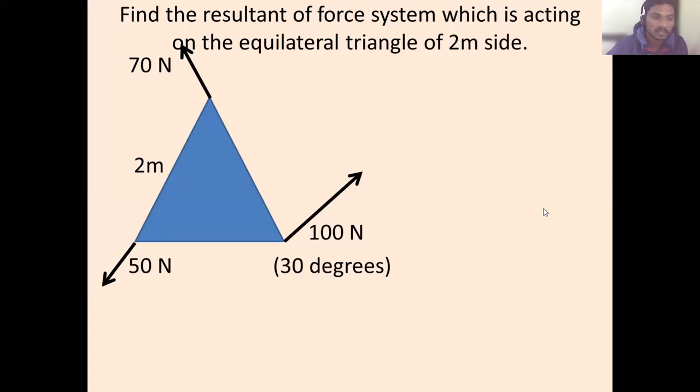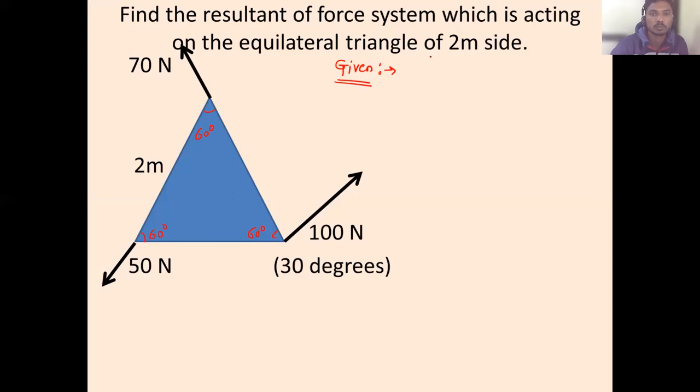So just see the problem carefully, what is given, then we will start. Which type of triangle is given? Equilateral. You know the property of an equilateral triangle better, correct? Yes, sir.